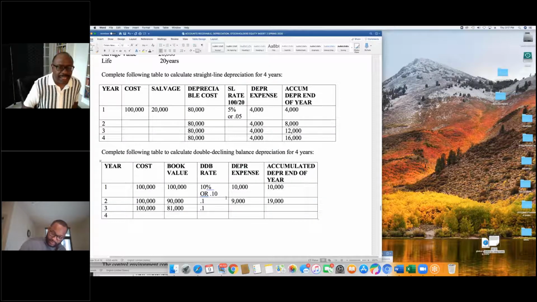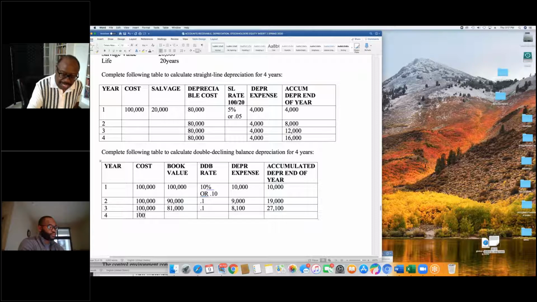Point 1 again. So what's our depreciation next year? 8,100. How much we got in here now? 27,100. This is 100,000. How much is here? 72,900.